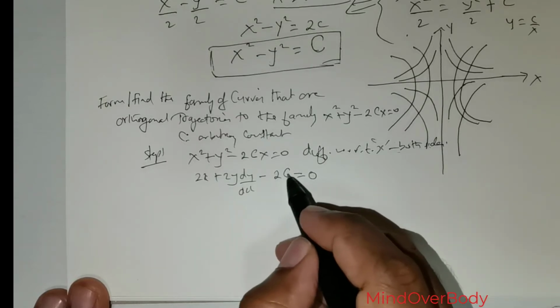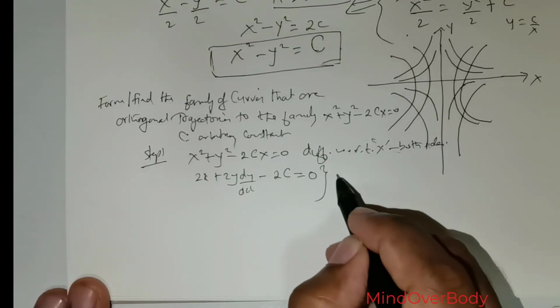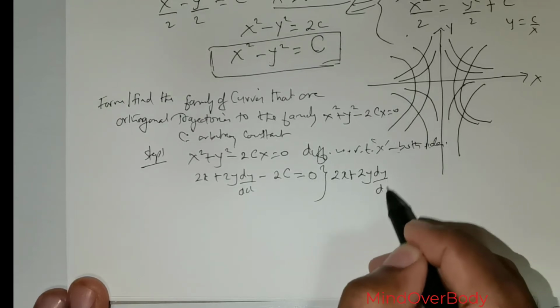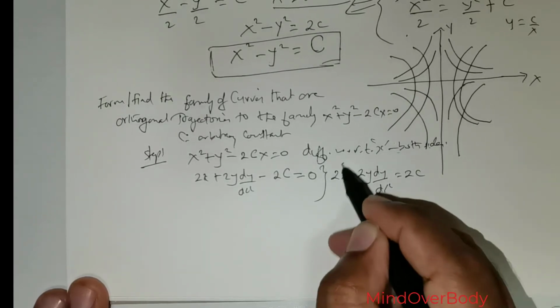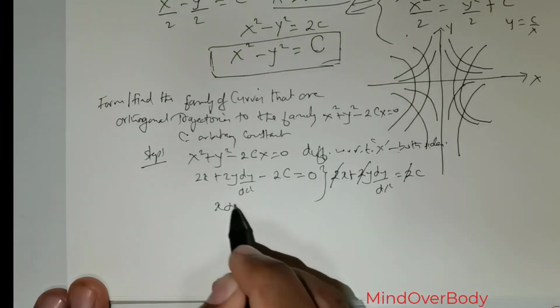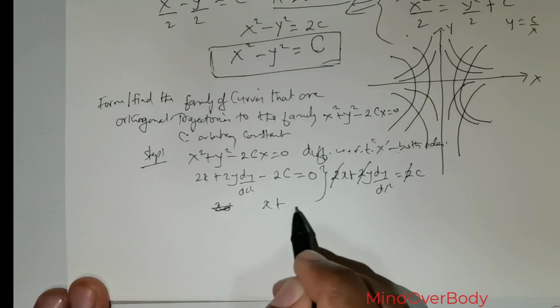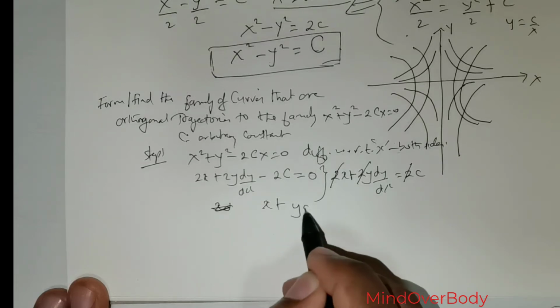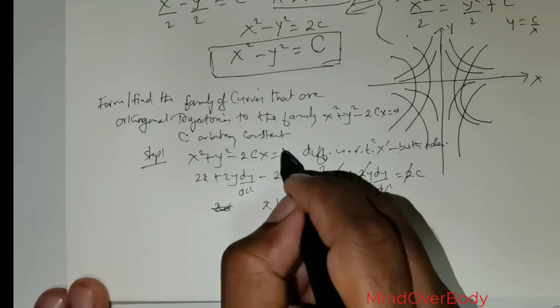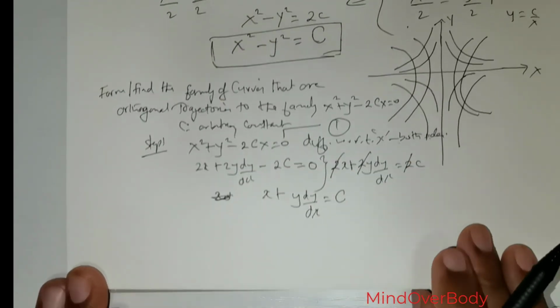Now I should eliminate this arbitrary constant c. So I'm going to rewrite this as 2 times x plus 2 times y dy over dx is equal to 2 times c. I can cancel the 2 and then rewrite this as x plus y times dy over dx is equal to c.